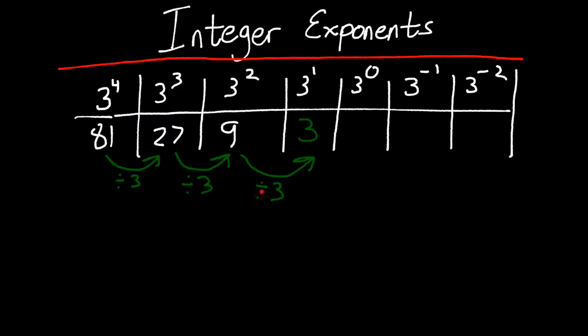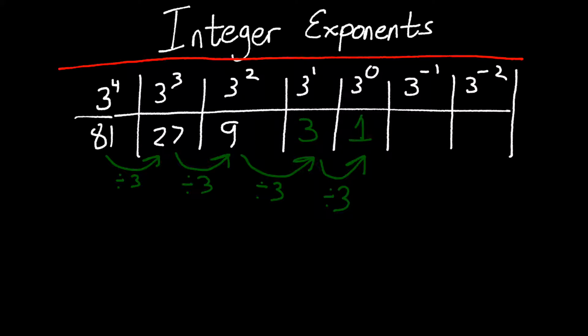Same here, I divided by 3. So if I'm going to get to 3 to the 0 power, I'm going to need to divide by 3 again. And what is 3 divided by 3? It's 1. And this is true for any base. It doesn't have to be 3. Any base raised to the 0 power is 1.